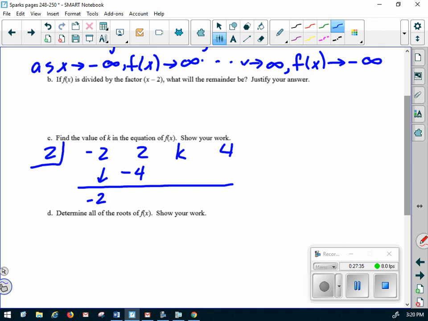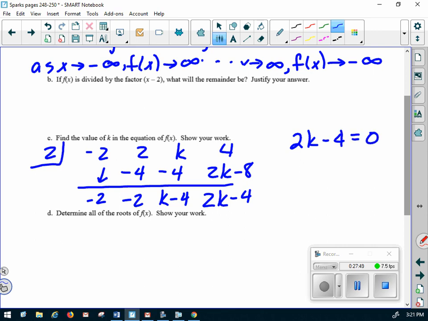So what's that? -4, -2, -4, that's k minus 4. That's 2k minus 8. Add those up, that's 2k minus 4. 2k minus 4 has to equal 0. So k has to equal 2.